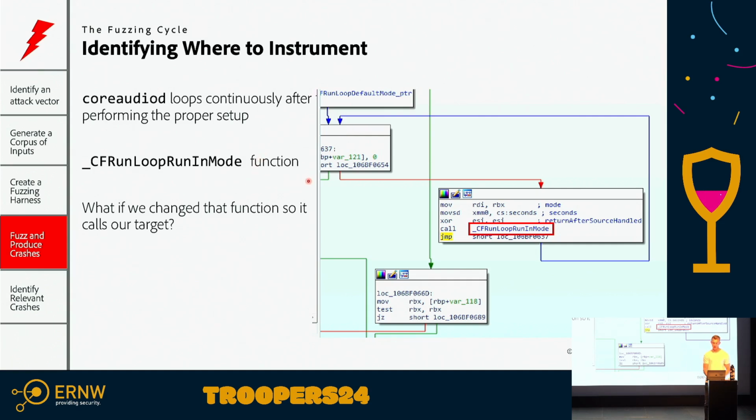I noticed by looking at it in IDA that once it set everything up, it called this CFRunLoopRunInMode function, and then it just continuously looped around this basic block. So I thought, what if once we get here, I just have Frida attached to it, change that function so that it calls our fuzzing harness instead of just looping and waiting.